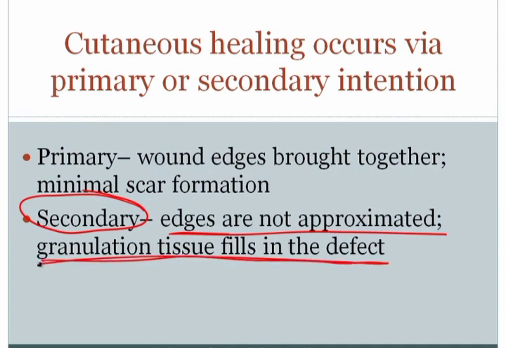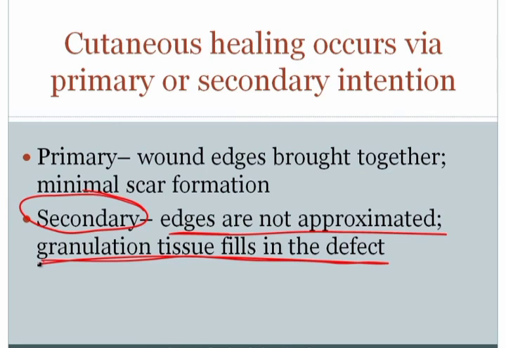Now, when granulation tissue fills in the defect, what's going to happen? You're going to get a big scar, but more importantly, at least for examinations, is that the granulation tissue will cause contraction of that wound slightly. All right. So there could be a potential examination question where they ask you that a patient has a large wound that is healed by secondary intention, and 6 weeks later you notice that the wound has significantly reduced in size. And then they can ask you, what's the mechanism by which this wound actually reduces in size?